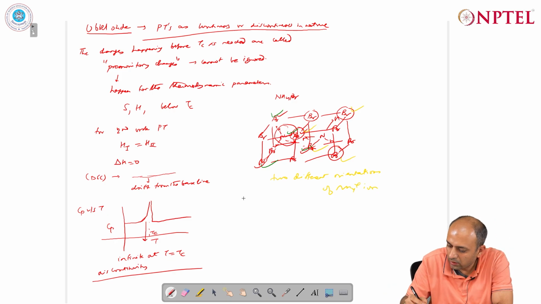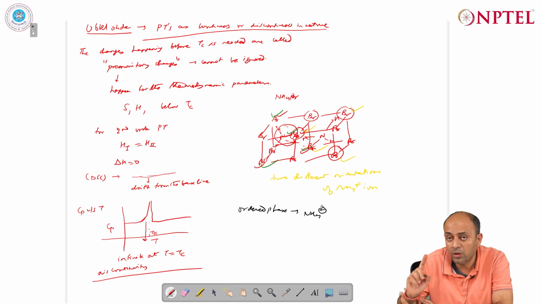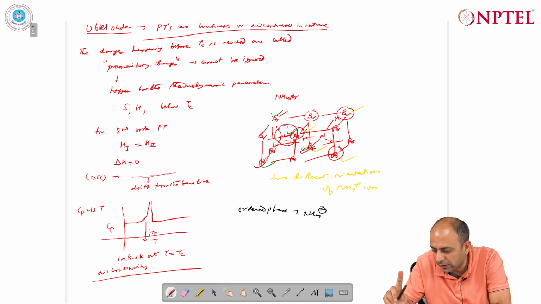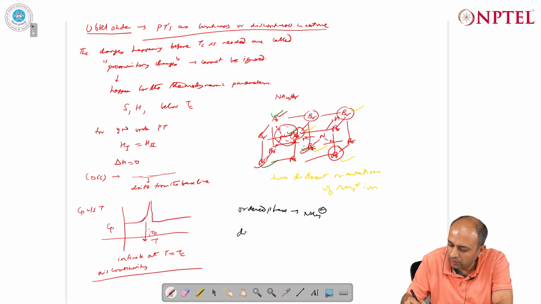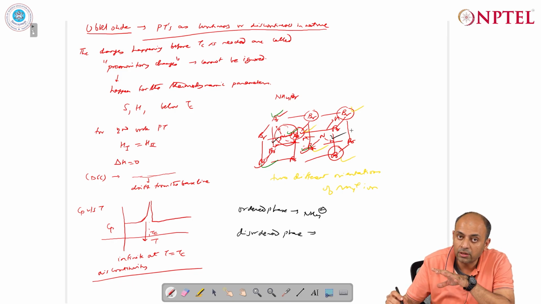Now in the ordered phase, you have the ammonium ions in only one particular orientation in all the unit cells, but in the disordered phase you will have the ammonium ions in either one orientation or the other, and this is statistically distributed randomly in different unit cells.